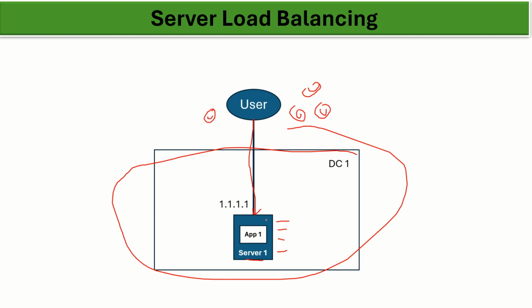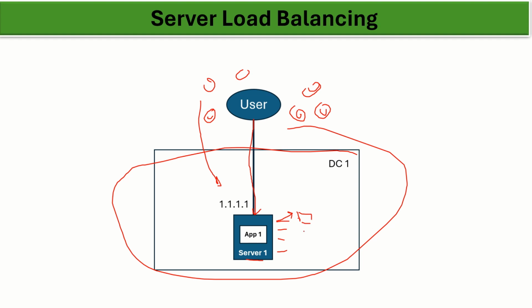In that case, the RAM, memory, and all the resources start increasing and they cross that threshold value. In that case, the admin will increase the RAM to the highest value so that the additional user requests which are coming in and hitting the server are taken care of.